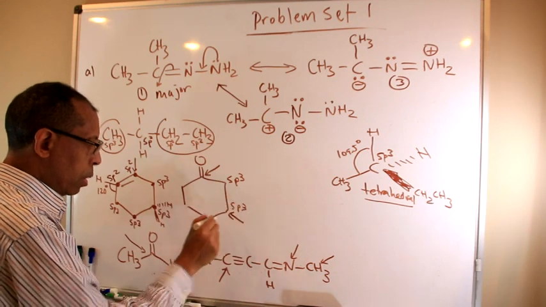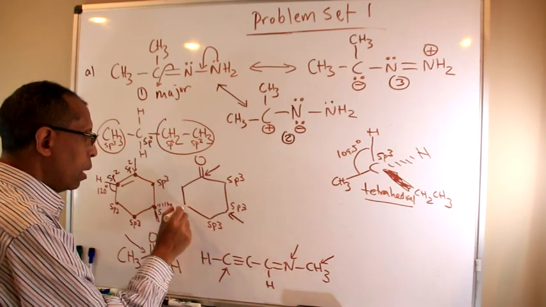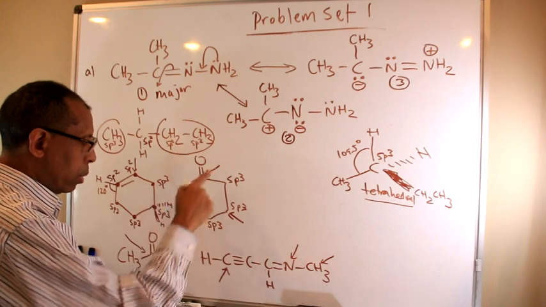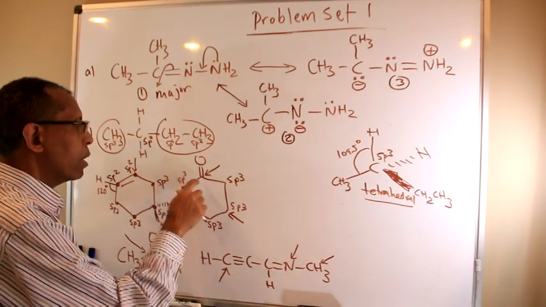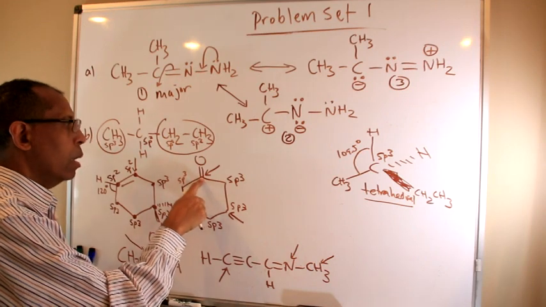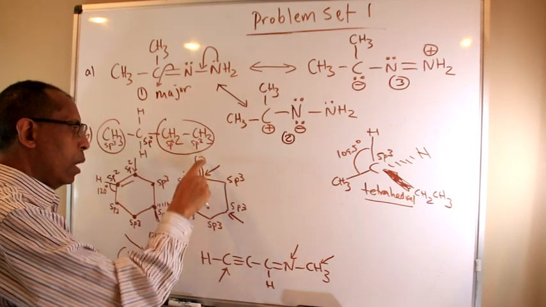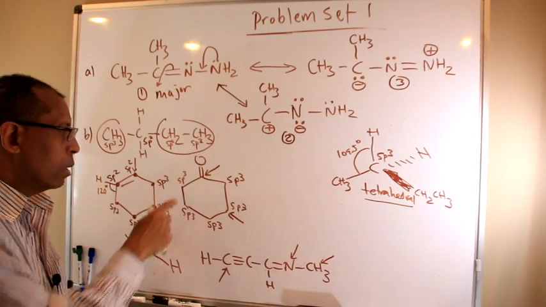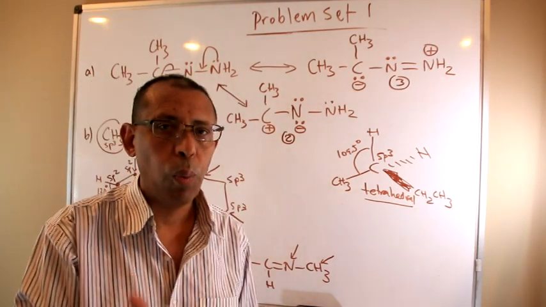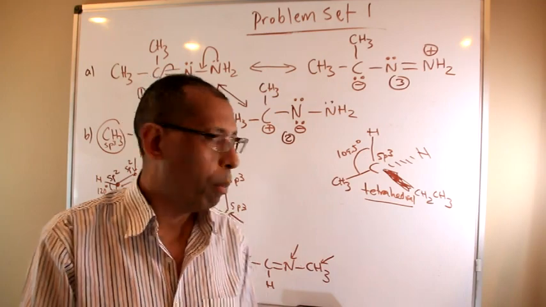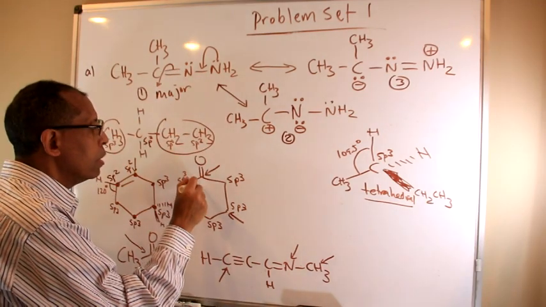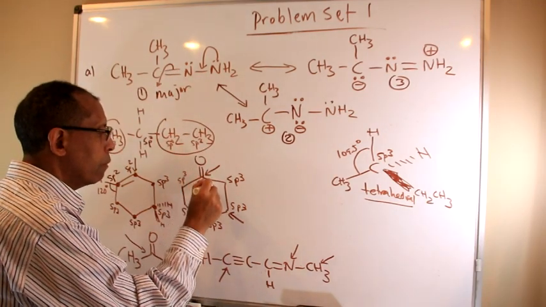Here, this carbon right here is sp3. There is no double bond, so sp3 with 2 hydrogens in each one of those, sp3, sp3. But this carbon right here with oxygen has a double bond. This double bond is a result of 1 sigma and 1 pi orbital bonding. Therefore, this is sp2. Don't forget that.